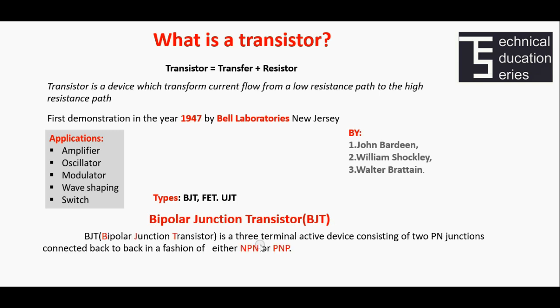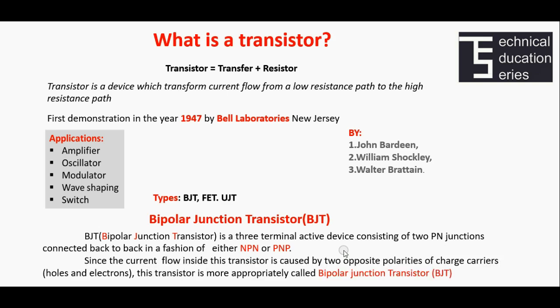A bipolar junction transistor is a three-terminal active device consisting of two PN junctions connected back to back in a fashion of either NPN or PNP. Since the current flow inside this transistor is caused by two opposite polarities of charge carriers, holes and electrons, this transistor is more appropriately called bipolar junction transistor, BJT.